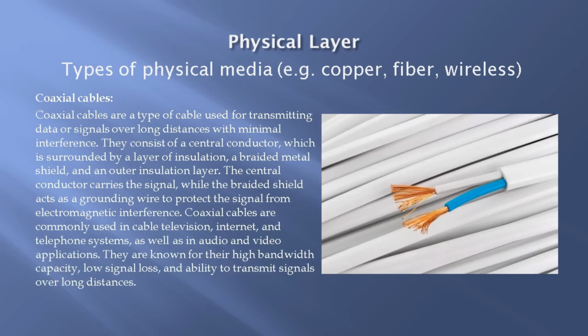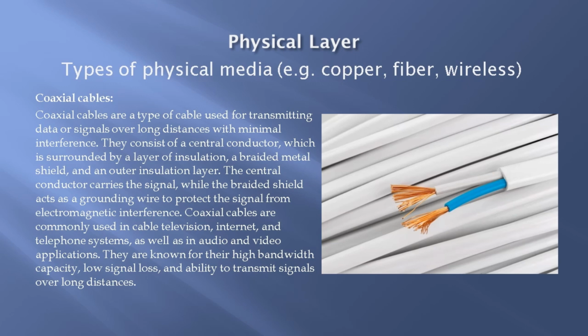Coaxial cables. Coaxial cables are a type of cable used for transmitting data or signals over long distances with minimal interference. They consist of a central conductor, which is surrounded by a layer of insulation, a braided metal shield, and an outer insulation layer.